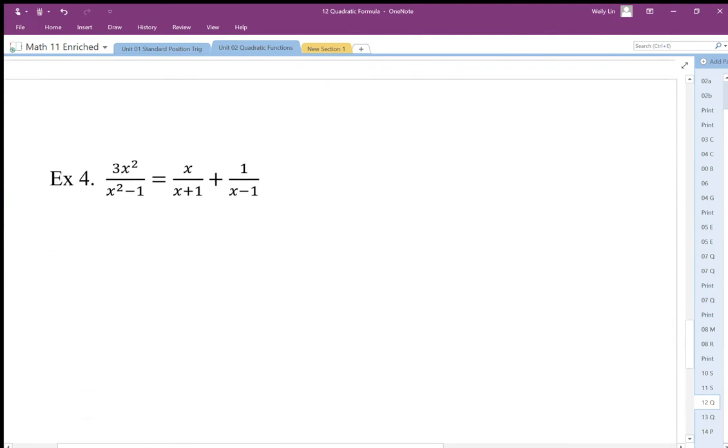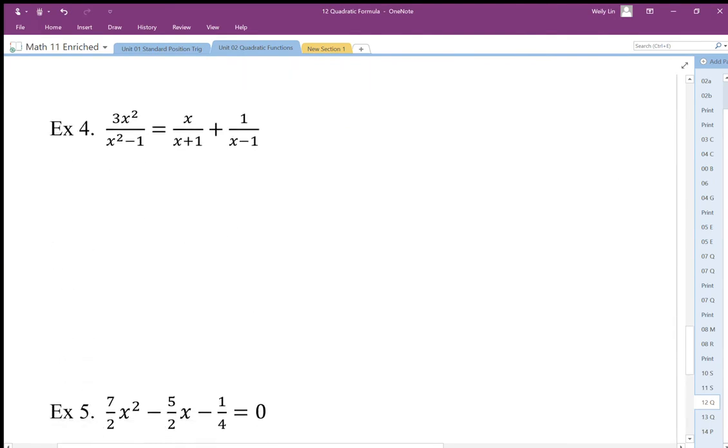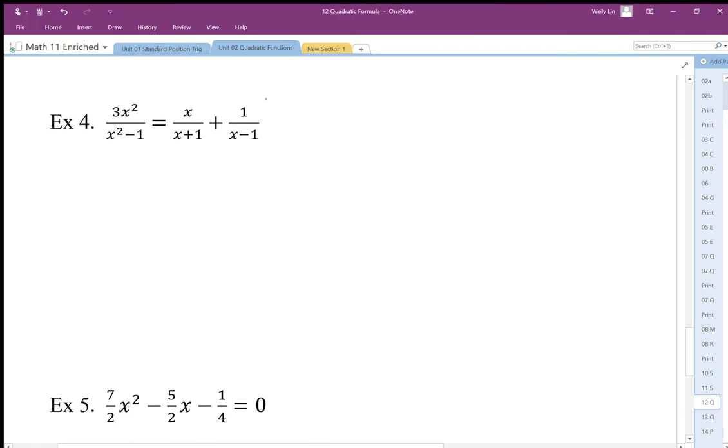Okay, so these ones here, what we want to do first is put it into a quadratic form. So we need to get rid of the denominator. We should state our restrictions. So x, we can't divide by 0, so x can't be negative 1 or 1. What we want to do then is get rid of the denominator by multiplying by the lowest common denominator. Okay, we'll use those factors there.